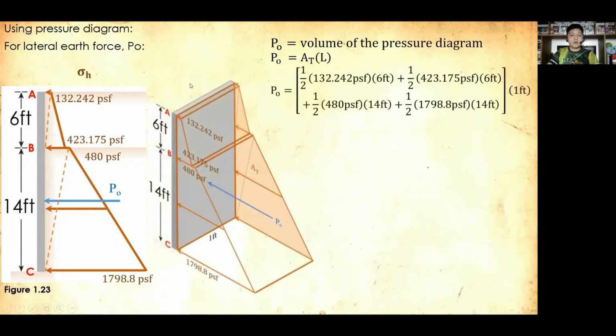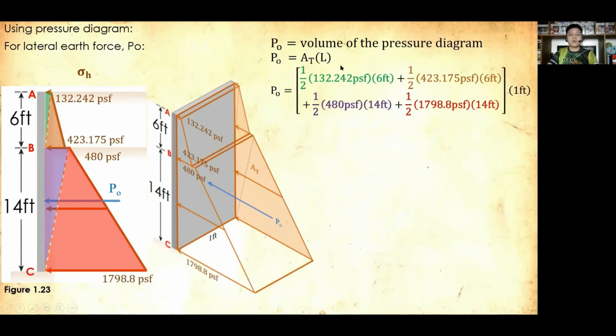So for our PO, it is now equal to, for the first, we have the green triangle, that is 1/2 times the base, 132.242 psf, times the height of this component triangle, 6 feet, plus the next, the orange triangle, which is 1/2 times the base, 423.175 psf, times the height, 6 feet, plus the purple triangle, which is 480 psf, times the height, 14 feet, plus the last, which is the red, 1/2 times 1798.8 psf, the base, times the height, 14 feet.